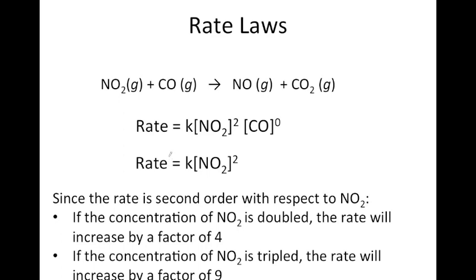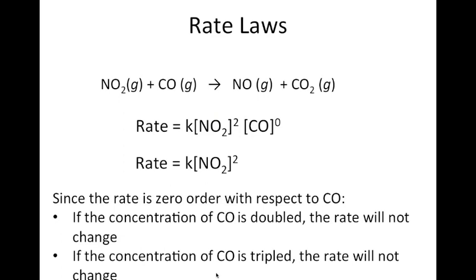As we said, the reaction is second order with respect to NO2, and that tells us how the rate of the reaction depends on this concentration. Since it's second order, if we double the concentration of NO2, the rate would increase by a factor of 4. If we triple the concentration of NO2, the rate of this reaction would increase by a factor of 9.